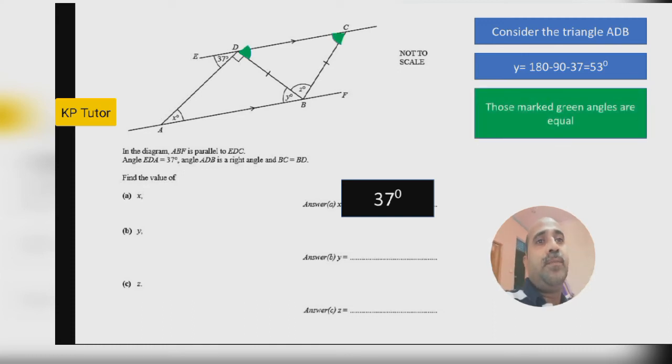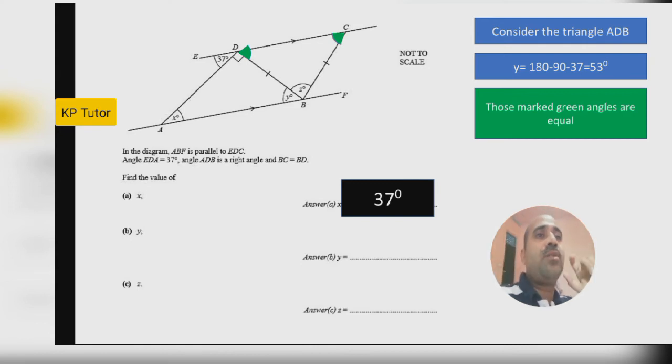Next question, just to check the marked green angle. Can you notice anything in the diagram? In triangle DBC, both sides are equal. In a triangle where both sides are equal, we call it an isosceles triangle.